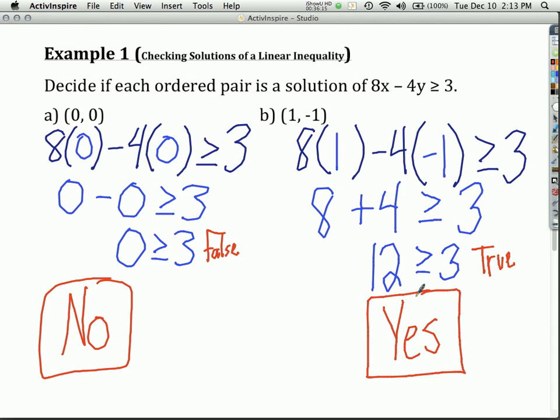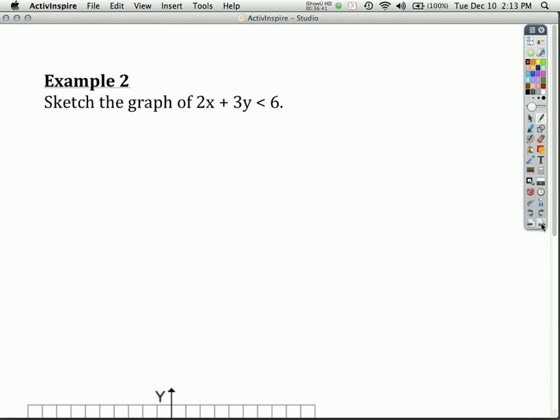You don't have to do anything. We're doing 2 because I wanted to do 2 different ones. All we're trying to learn how to do is how to decide if something is a solution or not. We could have done 10 of these. We could have done 15. And we could actually go on and on and on for a very long time. I think 2 is enough to get the point across. Okay? All right. So now we're going to take that skill and apply it to the entire process.